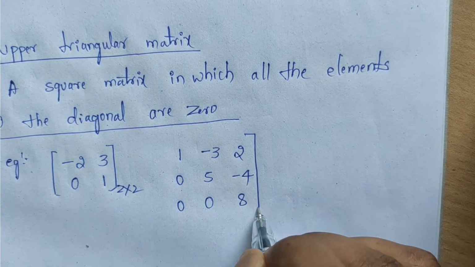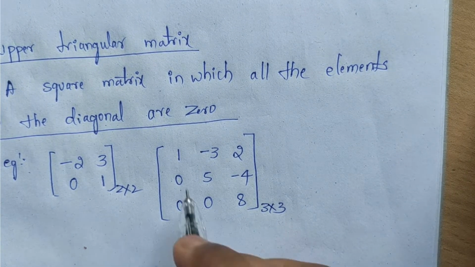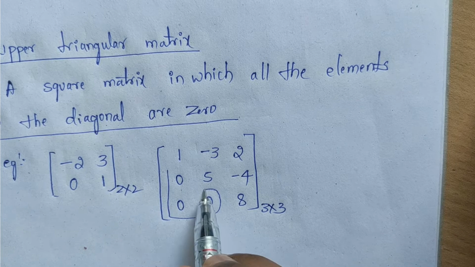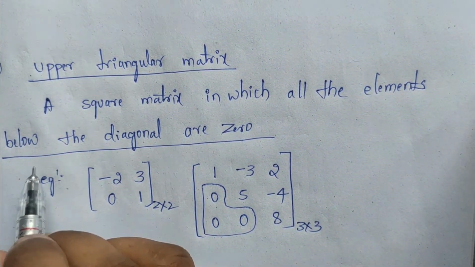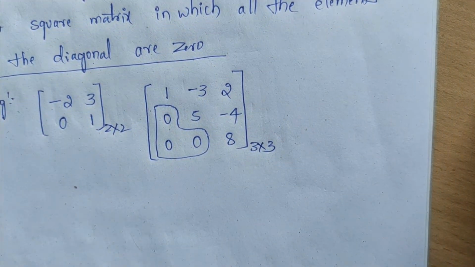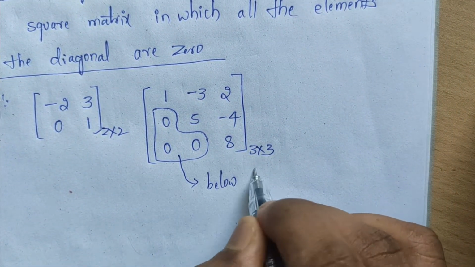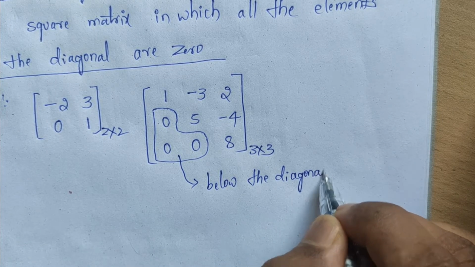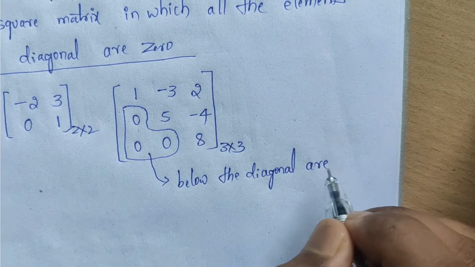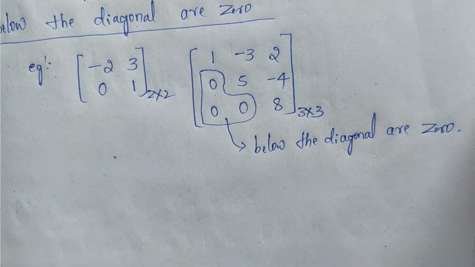Below the diagonal are 0 is called upper triangular matrix.